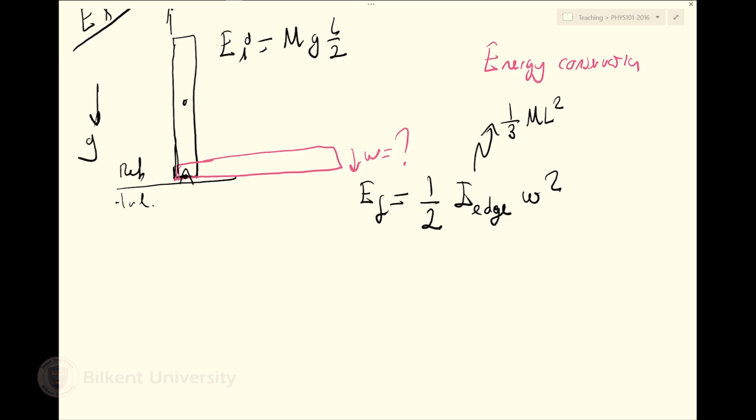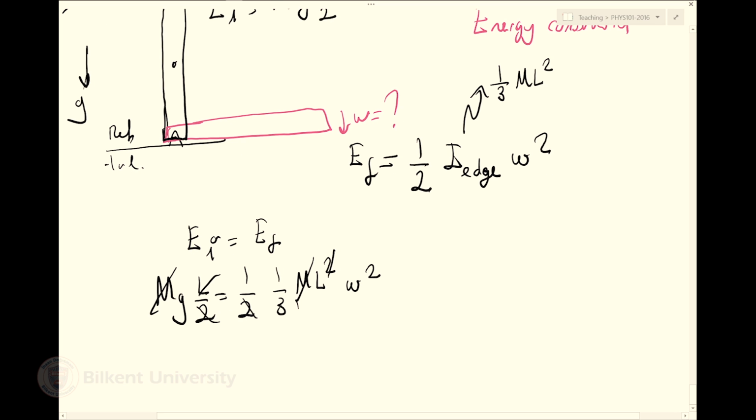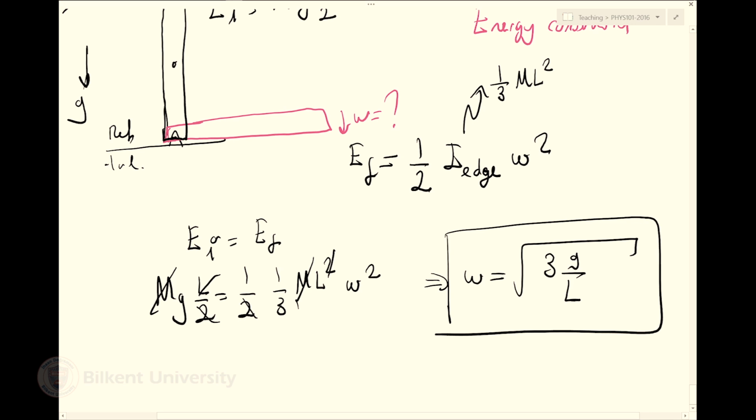So if I equate these two, energy initial is equal to energy final. mgL over 2 is 1/2 times 1/3 mL square times omega square. The m's cancel. One power of L cancels. The 1/2 cancel. Omega is square root of 3g over L. Okay?